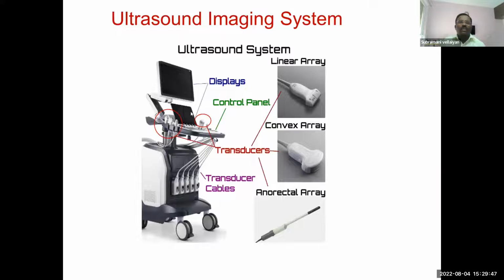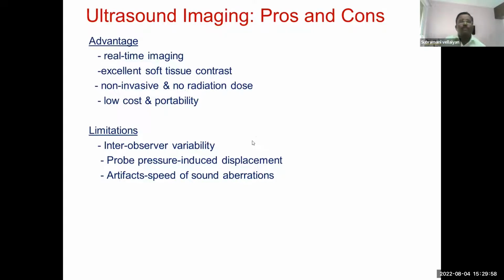The ultrasound imaging system has components such as transducers, control panel, cables, and display systems. You are all aware. We must also know the advantages and disadvantages, and why we prefer most of these systems. Ultrasound is enormously used in medicine in different fields because it has excellent soft tissue contrast, especially for anatomical structures like the prostate or breast.